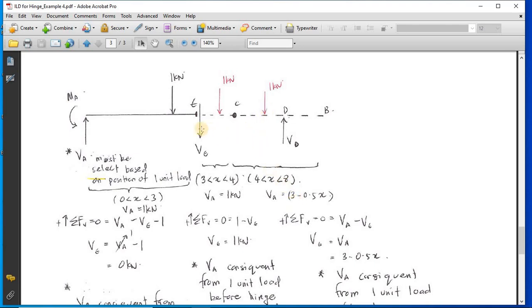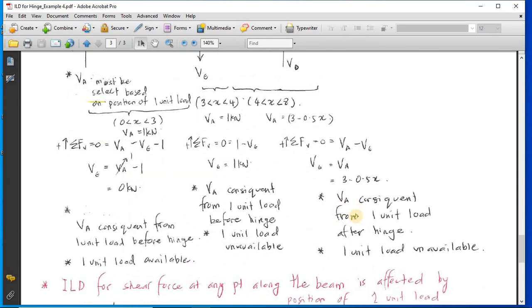But we still remain on this particular diagram A to E to get the equation of the shear force at point E. Meaning that the VA is a consequence of the 1 unit load after the hinge, and the 1 unit load is unavailable.